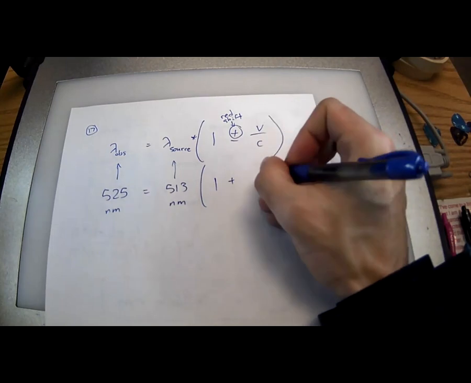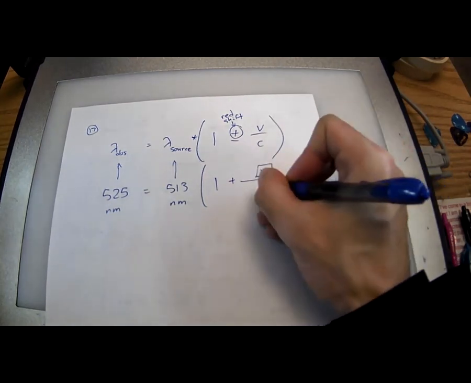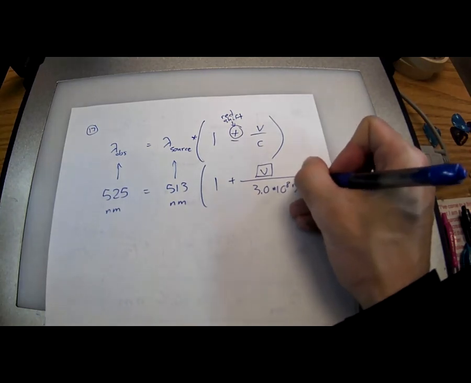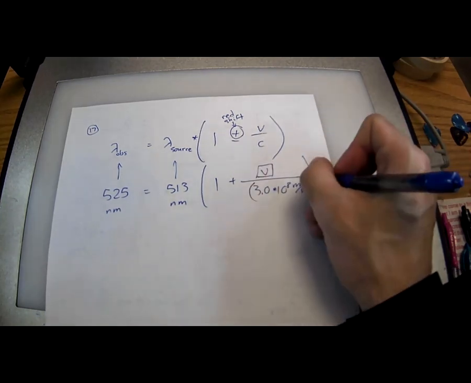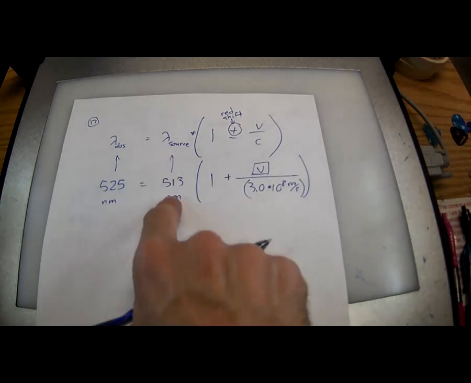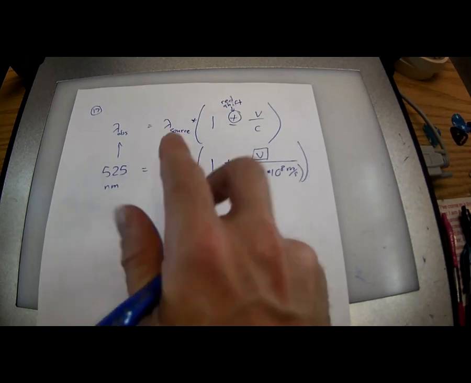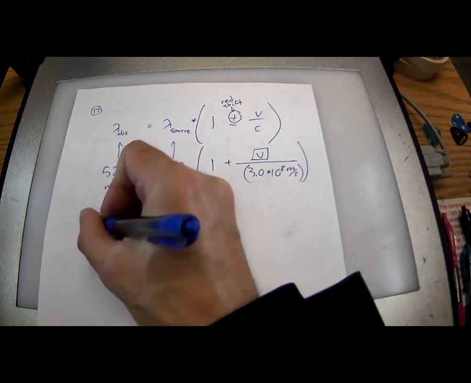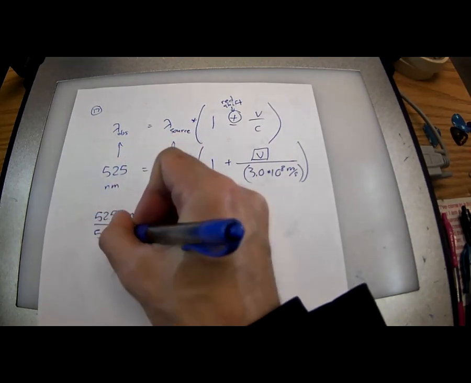Right, and now we can calculate how fast that galaxy is moving away. There's the speed of light right here. Now, this one's going to take some algebra, so let's step through this process. First thing I'm going to do is divide by the 513 nanometers. So what is 525 nanometers divided by 513 nanometers?